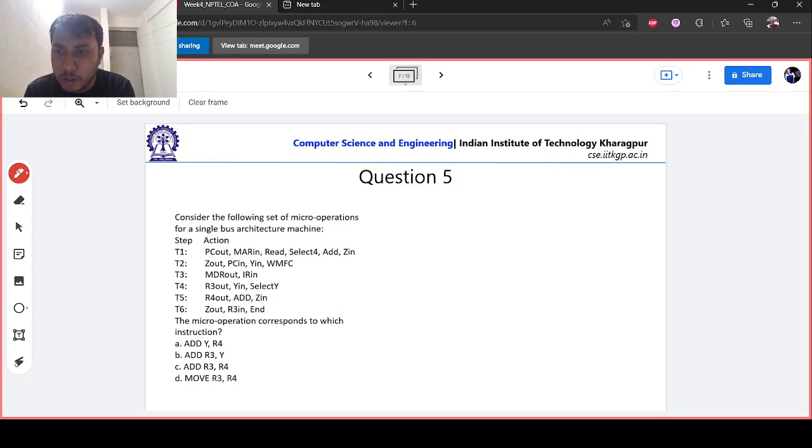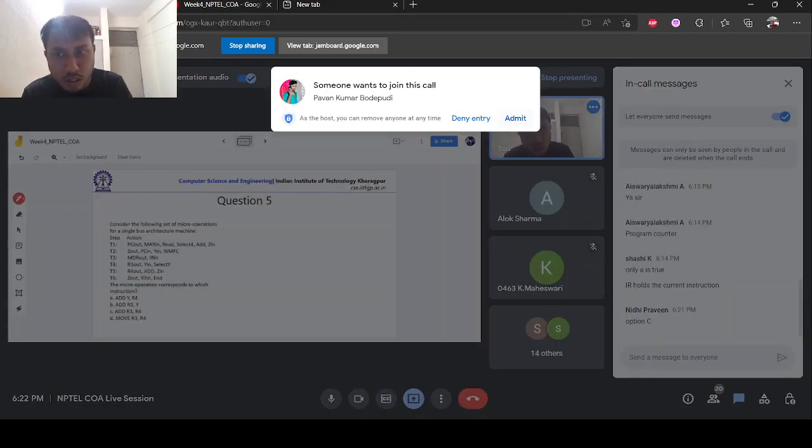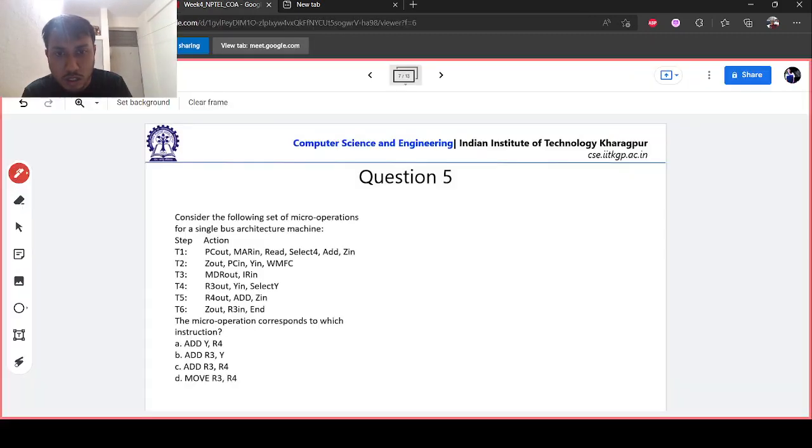Now, if you look at T4, T5, and T6, what does T4 do? In T4, Y is loaded with the content of R3, and in the next step, T5, the ALU operation is performed, the addition.